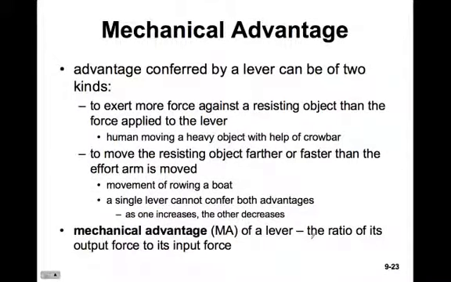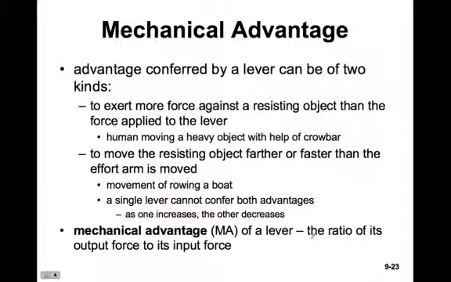The advantage that's conferred by a lever can be either of two kinds. One, we can exert more force against the resisting object than the force applied to the lever. And second, we move the resisting object further and faster than the effort arm is moved.